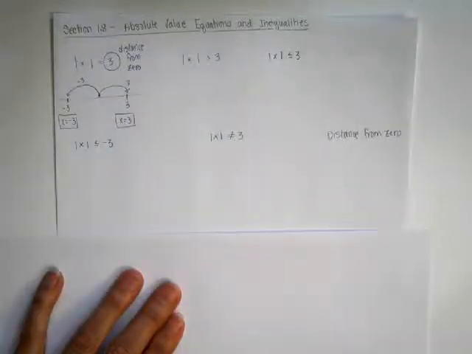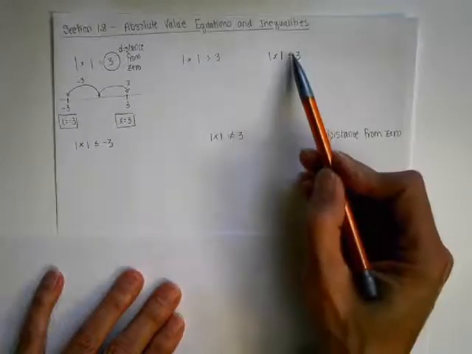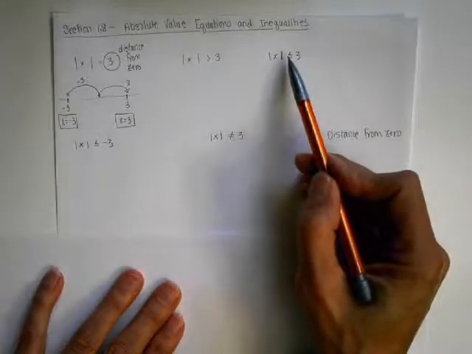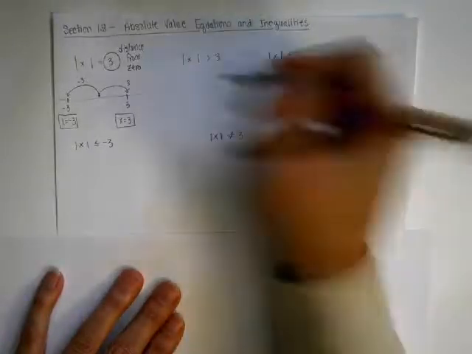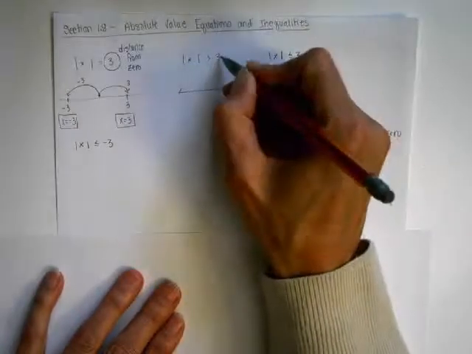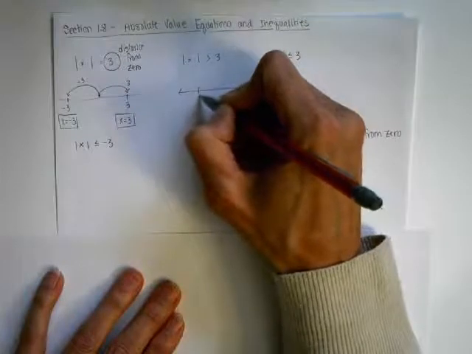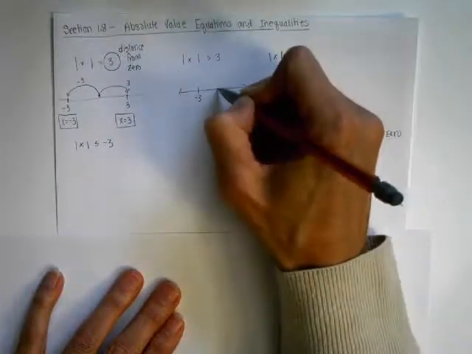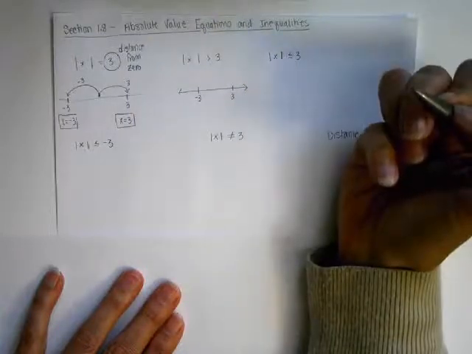Some other situations I can have with absolute value are greater than, less than, or in this case less than or equal to. And all of these, again, are related to the number 3. We already know the two numbers that make this exactly equal to 3 are negative 3, a distance of 3 away from 0, and positive 3, a distance of 3 away from 0.